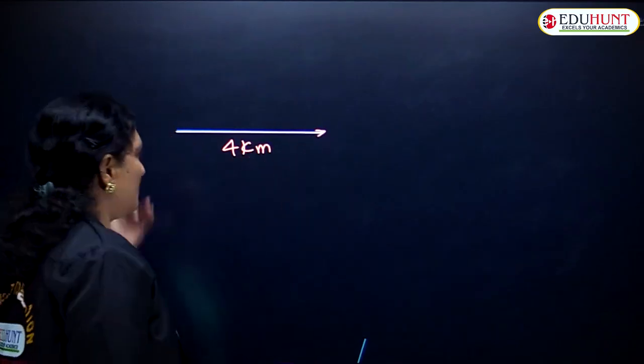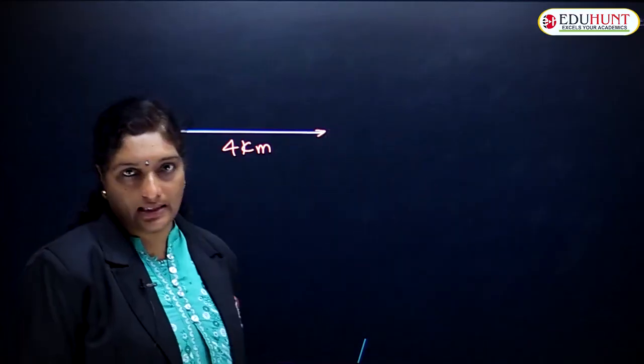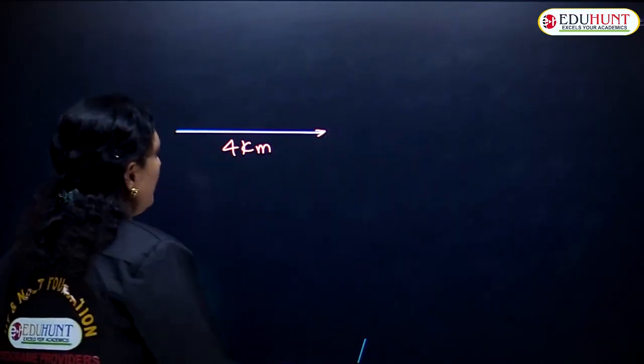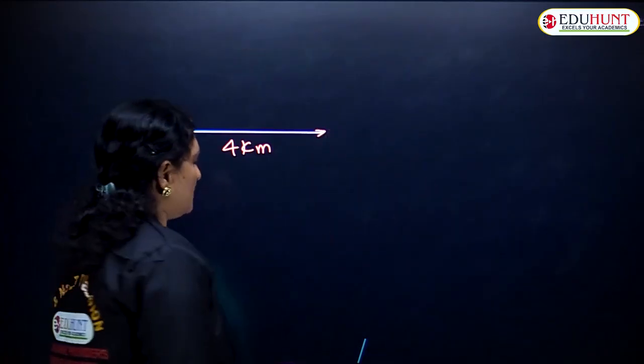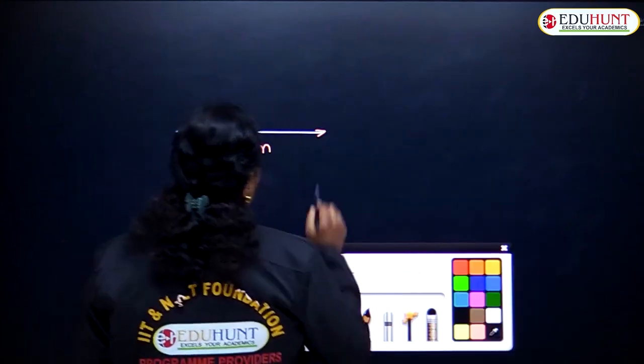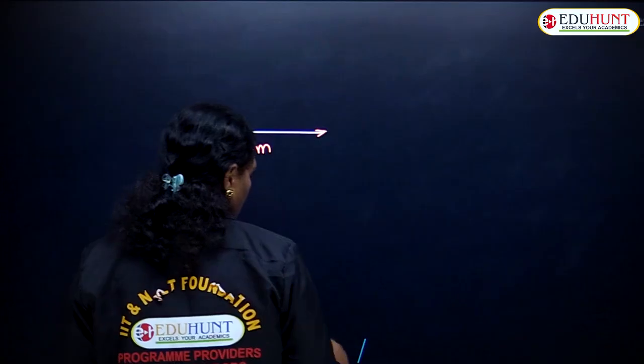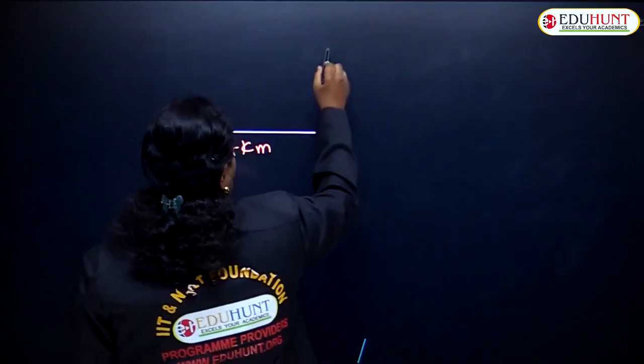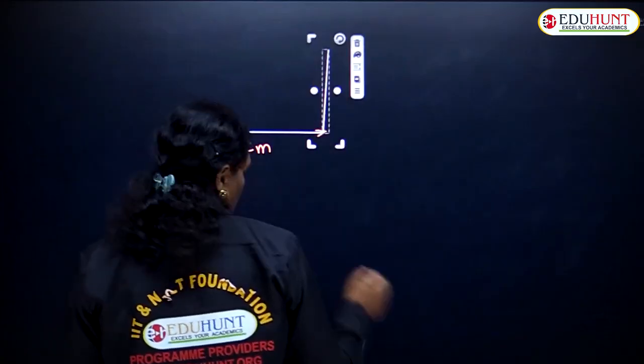The person has covered 4 kilometers towards east. And then he took a left turn and has covered a distance of 3 kilometers towards north. How much, children? 3 kilometers towards north.